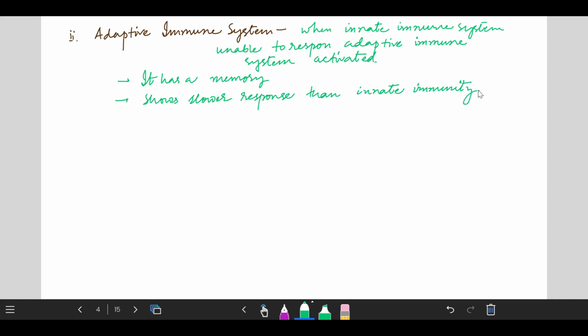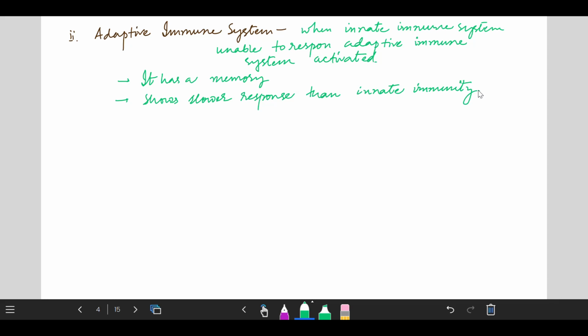Now the adaptive immune system is actually made of two types of cells. First one is T lymphocytes or T cells, that is responsible for the cell mediated immune system, and another one is B lymphocytes or B cells that are responsible for the humoral immune system. Okay. So cell mediated means here a kind of cells are involved, a type of cells.